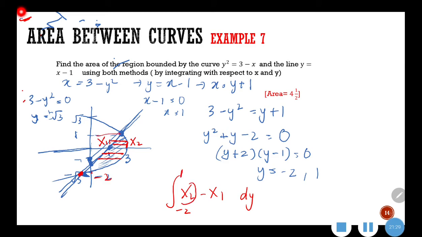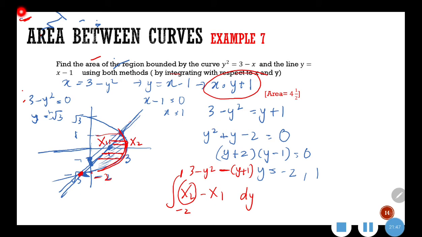So your x2 is the curve, 3 minus y squared, and your x1 is equal to what? y plus 1.